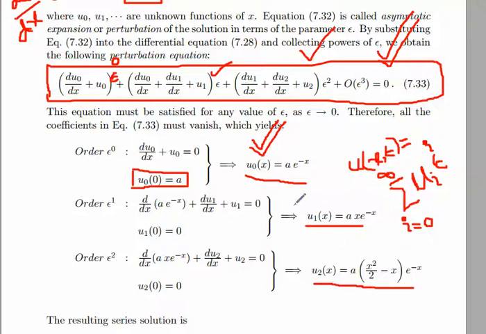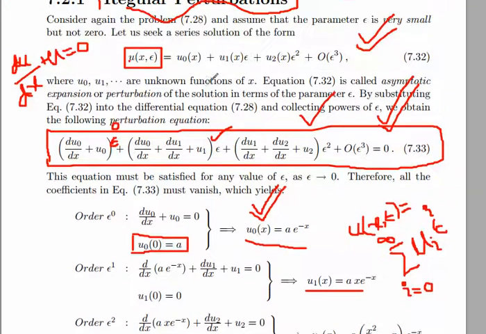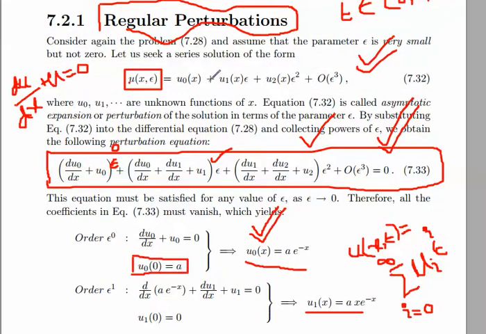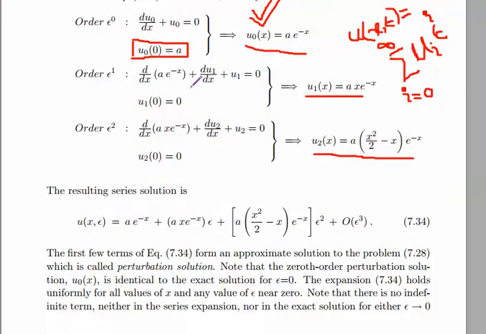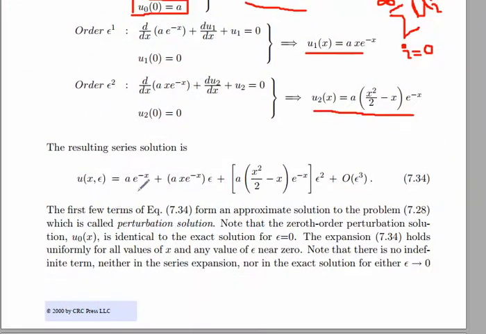Once we substitute these u0, u1, u2 in this perturbation expansion, the asymptotic expansion, we will have exactly this series, and this is now called the perturbation solution for the above differential equation.